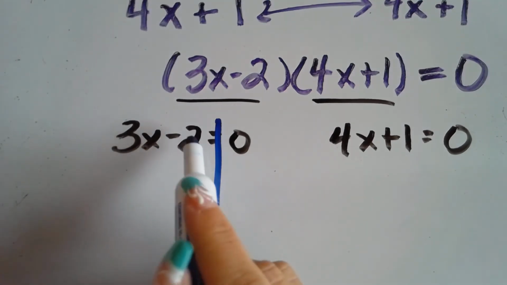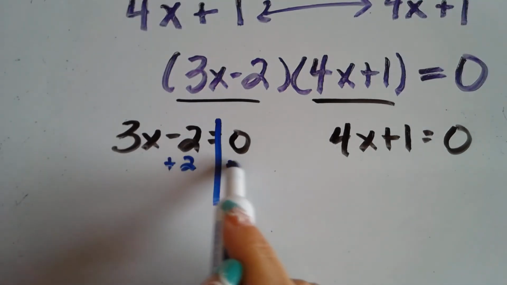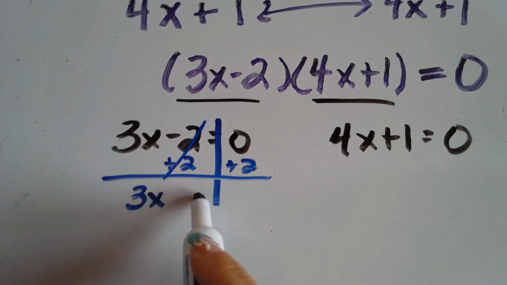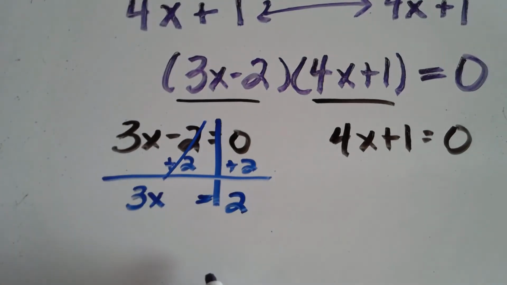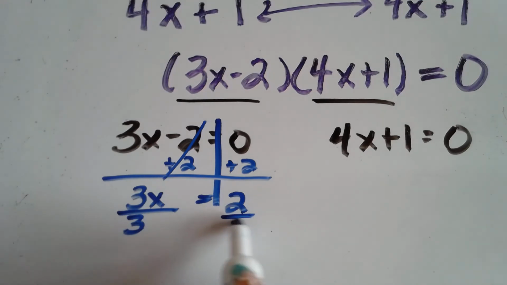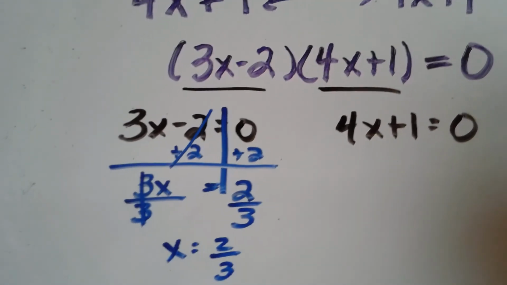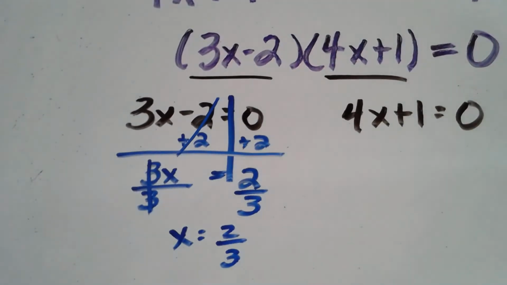So if this is minus 2, we're going to say plus 2 because we're getting rid of that. So we have 3x equals 0 plus 2, which is 2. These two are together, that's multiplication, so we're going to do division, divide by 3, canceling that out. X is going to equal 2/3, okay? Go ahead and leave it as a fraction, no problem, perfect.